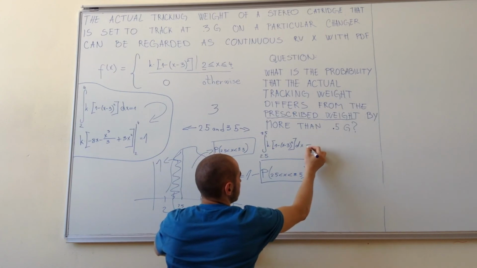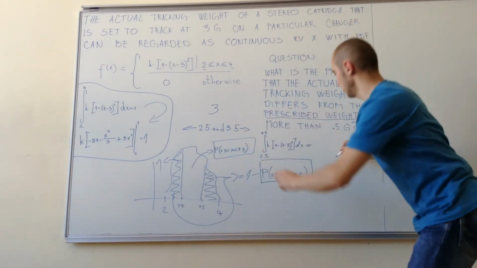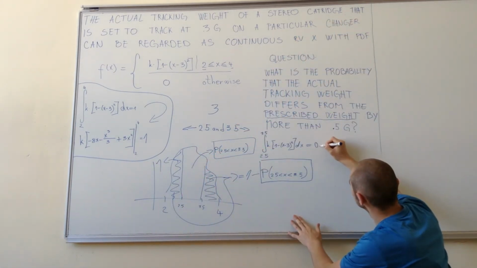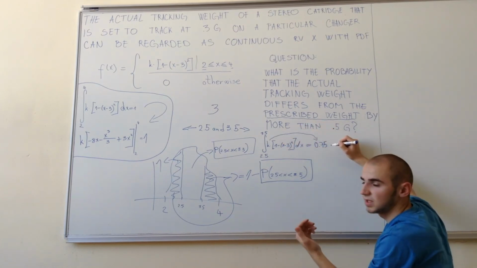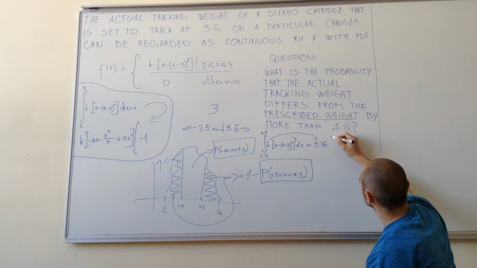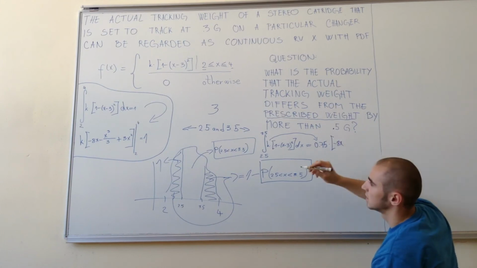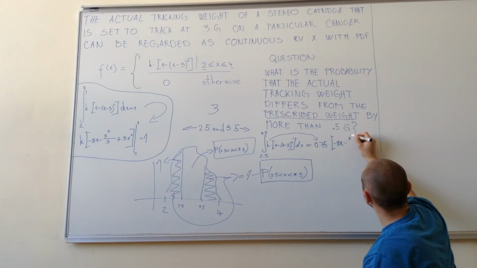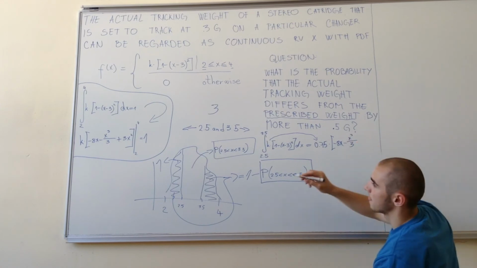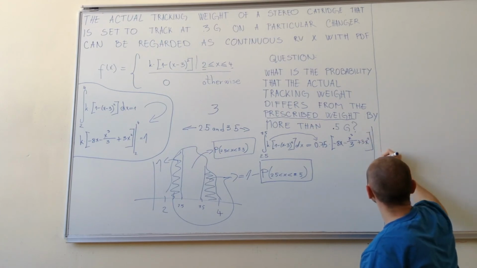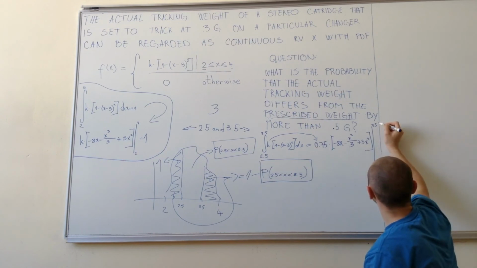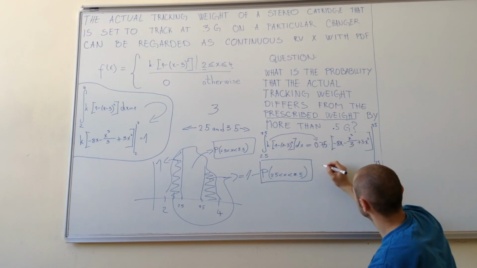Now we know that the solution of this integral, and you can check it, is 0.75, which is our k, we calculated it before, times minus 8x minus x cubed divided by 3 plus 3x squared. And now the limits are 2.5 and 3.5.